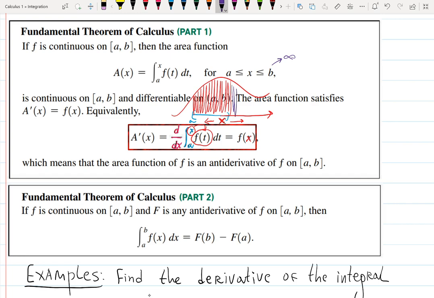Moving to the right, I'm adding more area. Moving to the left, less area, and so on. And that's why the area became a function, and we literally call it the area function. It's also called a cumulative function because it accumulates the area. It's a pretty cool idea, and in the future you even learn what's going to happen if x goes to infinity.